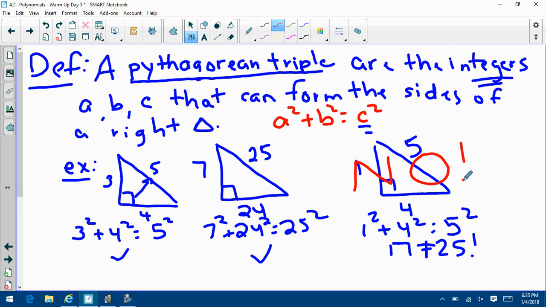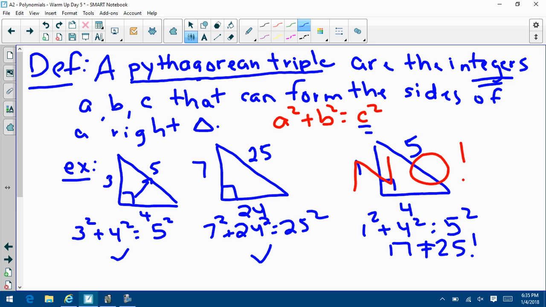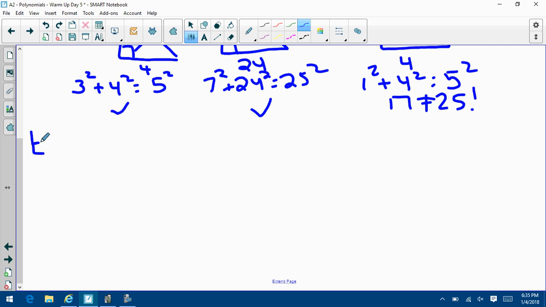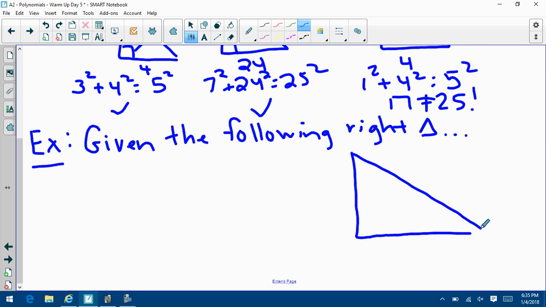Okay, so how is this related to identities? I'm going to show you. Given the following right triangle, I'm going to put 2x here, x squared plus 1 here, and x squared minus 1 here.